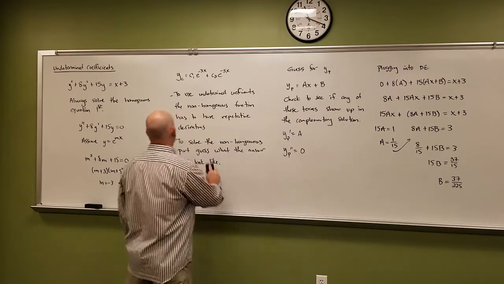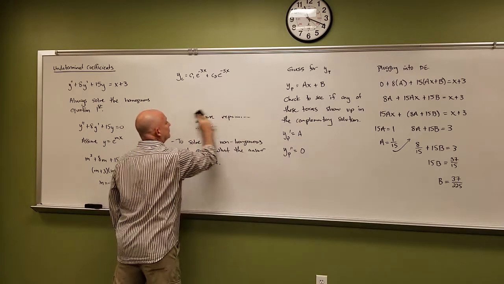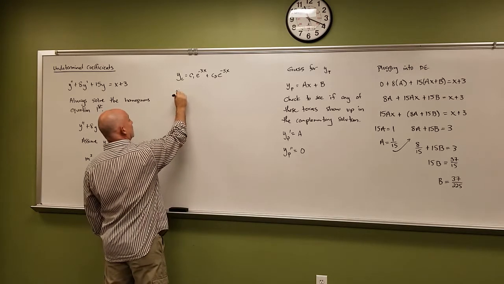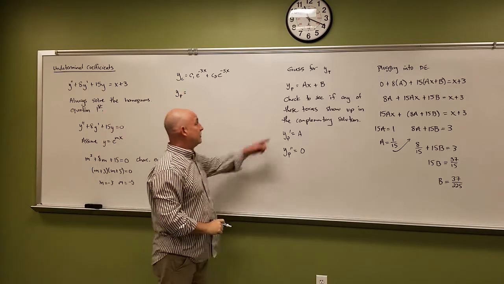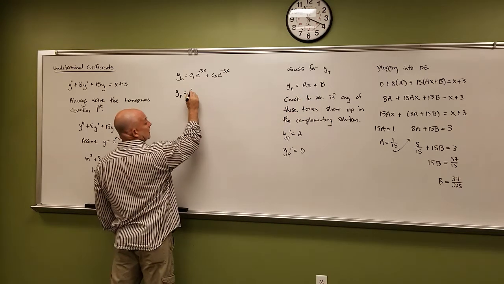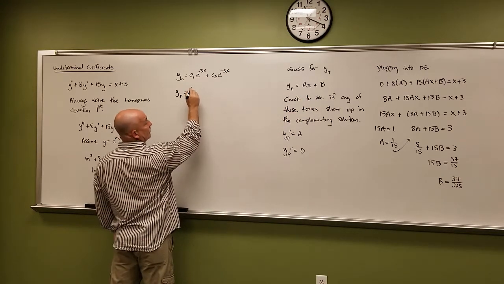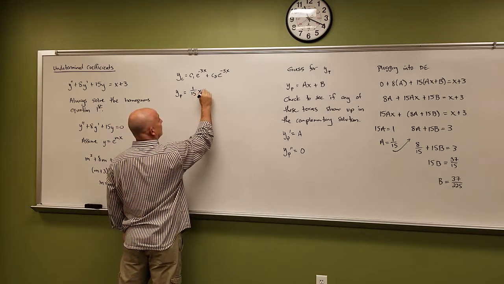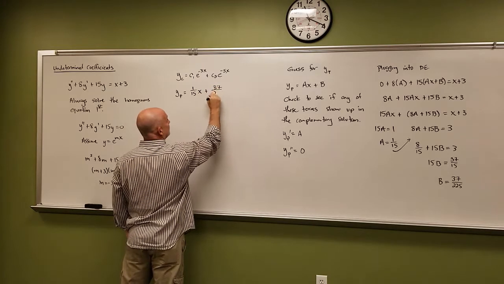So let's go back over here. I'm going to give myself a little bit more room. So now we can actually figure out what our particular solution was. This was our particular solution. Now that we know what a and b are, it's going to be 1/15 x plus 37 over 225.